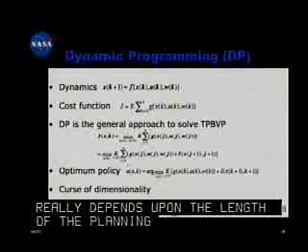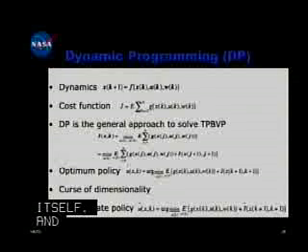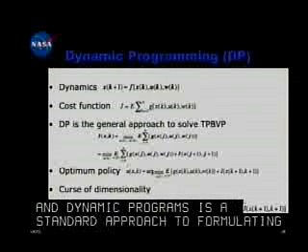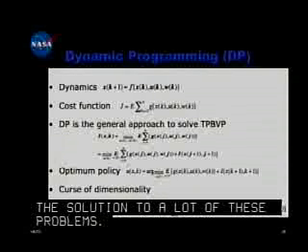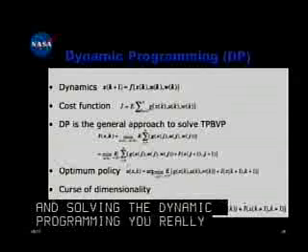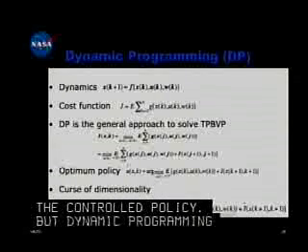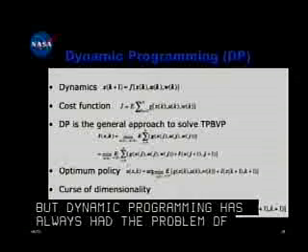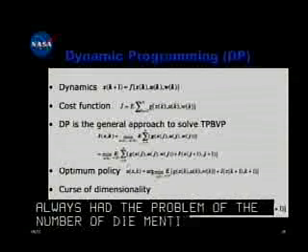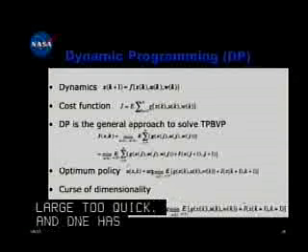And dynamic programming is a standard approach to formulating the solution to a lot of these problems. And solving the dynamic programming, you really will get the control policy. But dynamic programming has always had the problem of the number of dimensions growing too large, too quickly, and one has to resort to some kind of an approximation.